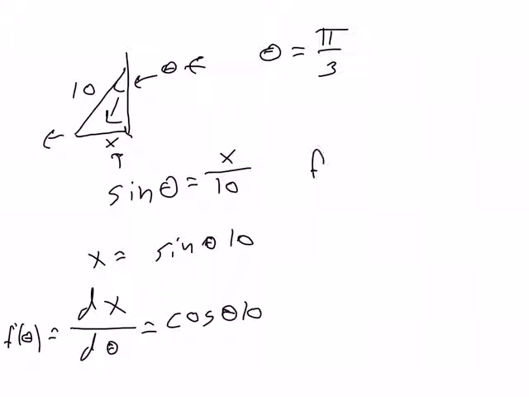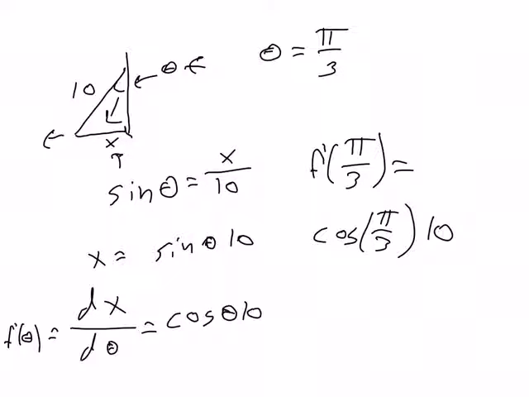So now when we take f prime of pi over 3, what we get is cosine pi over 3 times 10. I'm just going to put it in a calculator, cosine of pi over 3 is a half times 10, so this is 5.